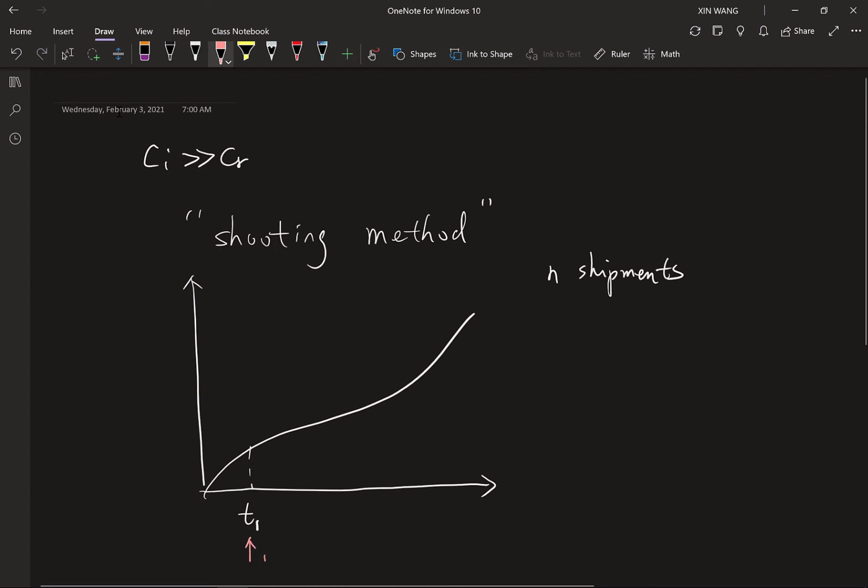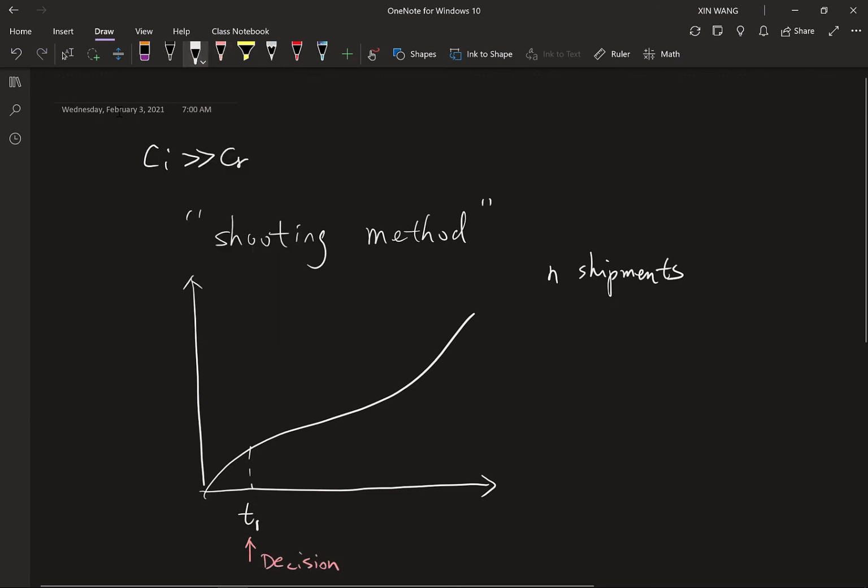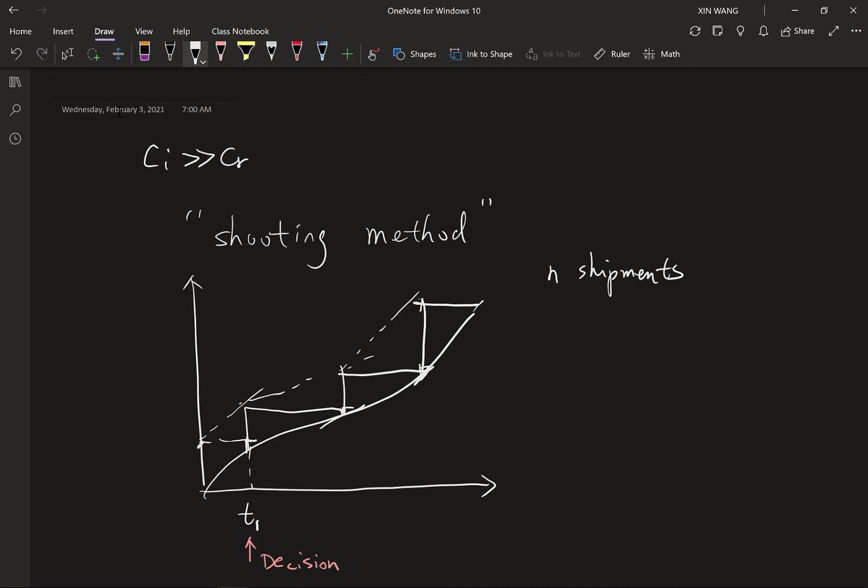This is our decision. After we determine this decision, all the rest of the dispatching strategy is generated based on the gradient method, or the shooting method: gradient parallel, gradient parallel, gradient parallel until it reaches t max. And then you can calculate the total transportation cost and the total holding cost.